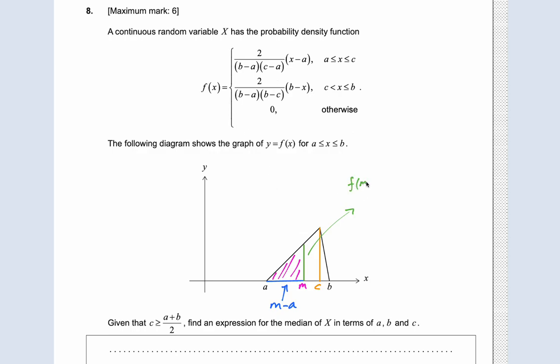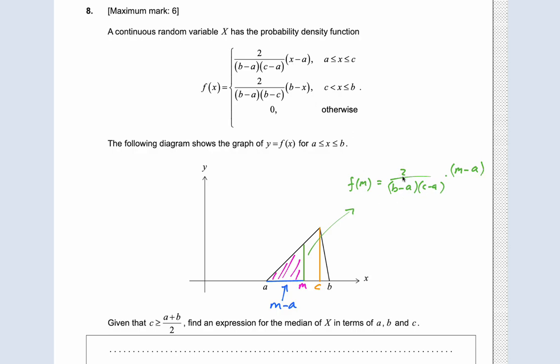And f of m is equal to, when I sub m for x into this part of the function, because m is to the left of c, it's on this line. So it is 2 over (b minus a) times (c minus a), times (m minus a), because I'm subbing m in for x.